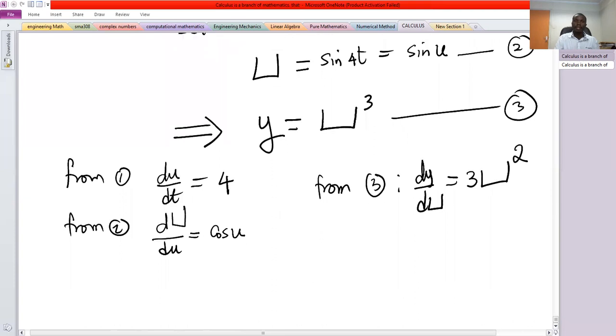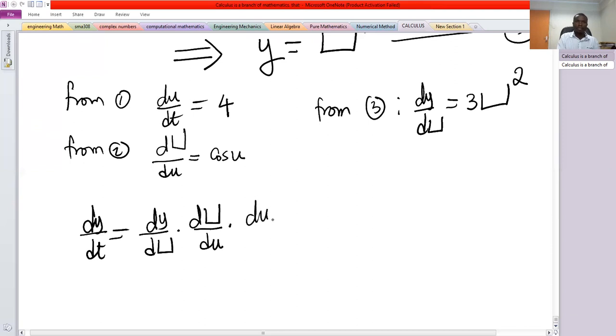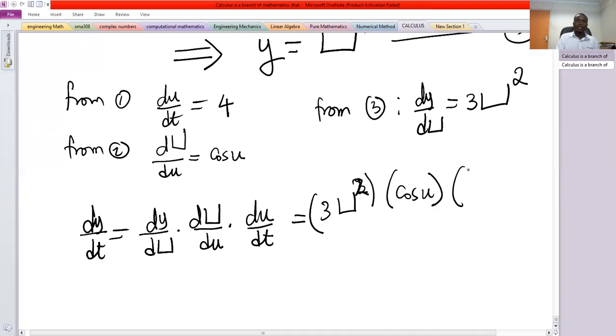Now, dy dt, which is our interest, will be given by dy over capital U times capital U over small u, times small u over dt. So which will be 3 capital U power 2, times cos u, times du dt which is 4.